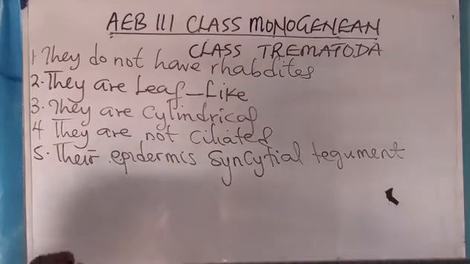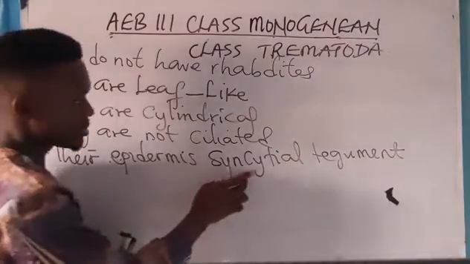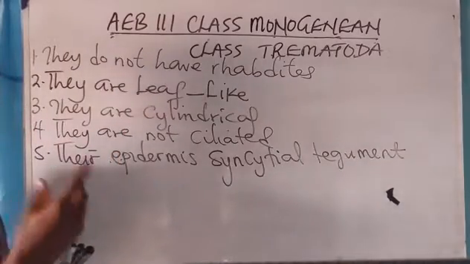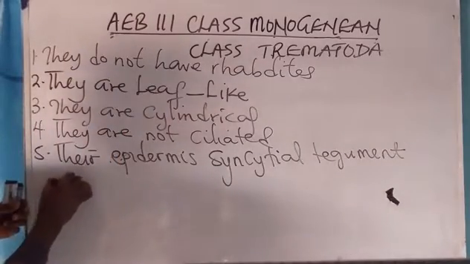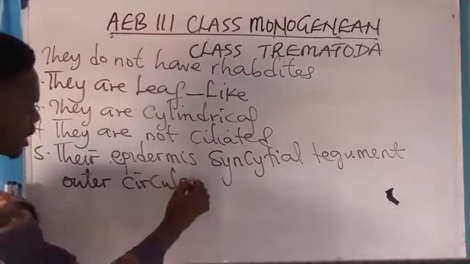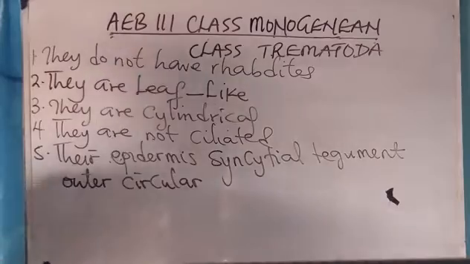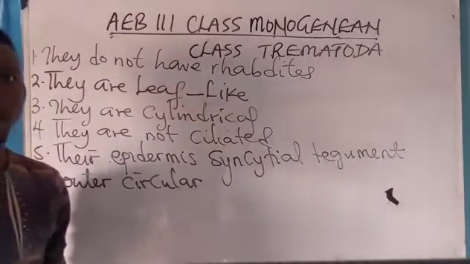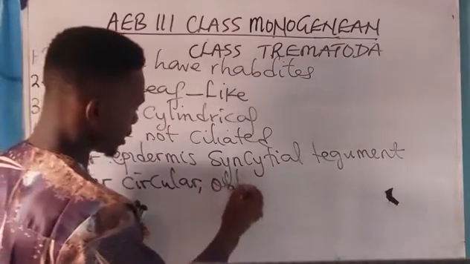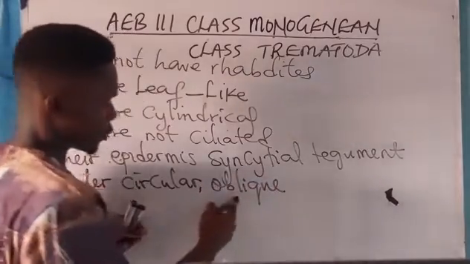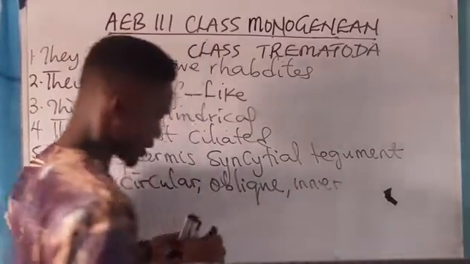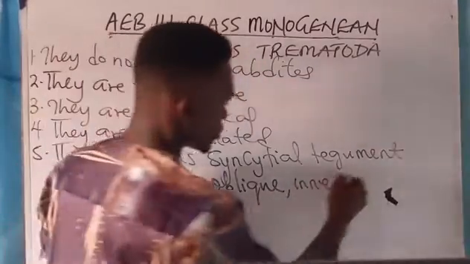And it is under this syncytial tegument that you have 3 muscles arranged as outer circular. They'll ask you, how is the muscular layer of Monogenea arranged? Outer circular, middle oblique, and inner longitudinal, okay?